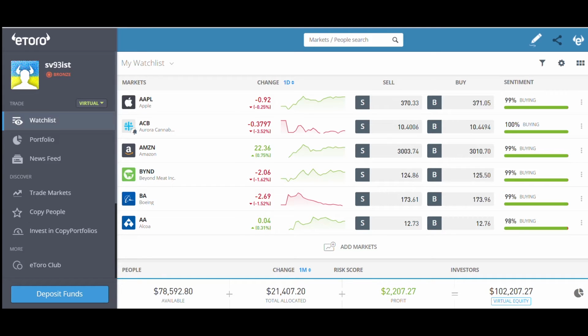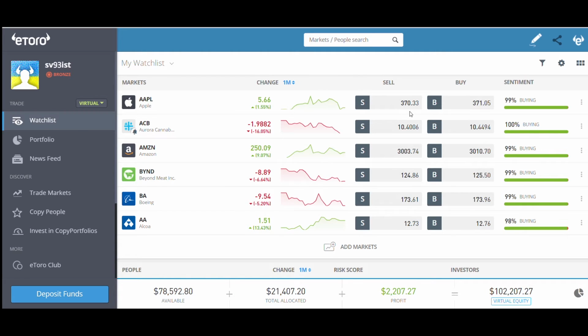So here I'll make sure that I'm opening a virtual portfolio, so we don't trade right now with real money. So the first bookmark is your watch list. Here you can watch all the stocks you are interested in. You can see the change of the stock price for the day, week, or month.